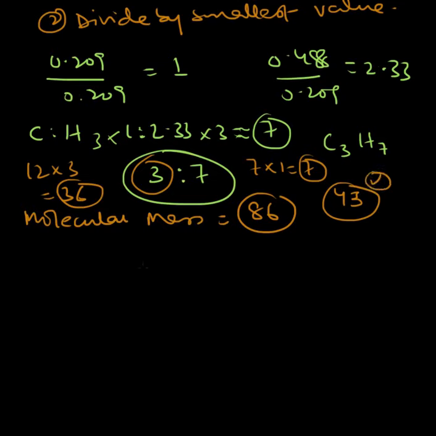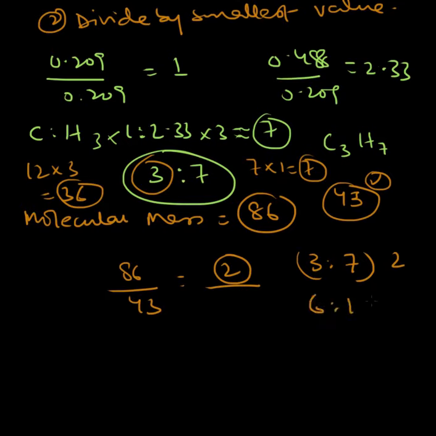Now when the molecular mass is given as 86, we calculate the ratio by dividing by the total mass of the empirical formula, and we are getting 2. So multiplying this 3:7 by 2, we are getting 6:14. So according to this, our molecular formula is what?